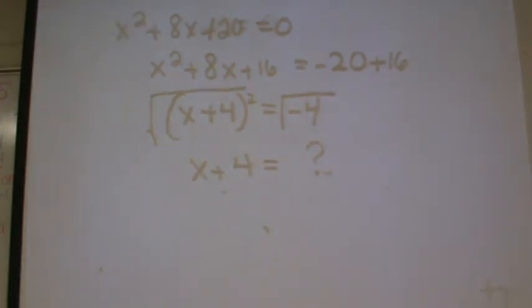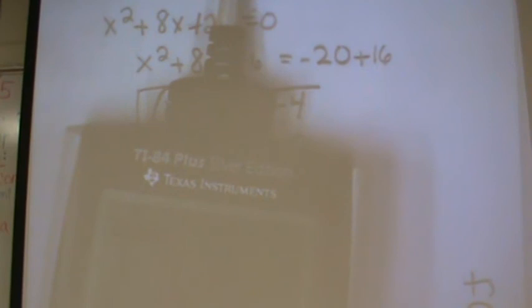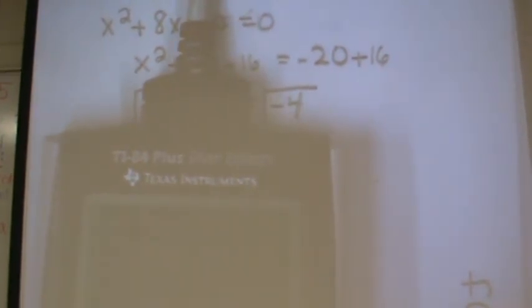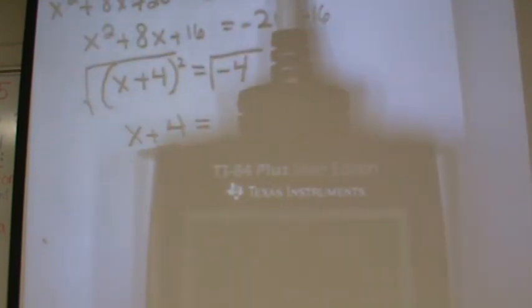Because there are no x-intercepts. This is a strange case. So I'm going to show you really quick why there are no x-intercepts. If you were to graph this, x squared plus 8x plus 20, you will see that the graph, can you guys see that? There are no x-intercepts. I proved it mathematically.